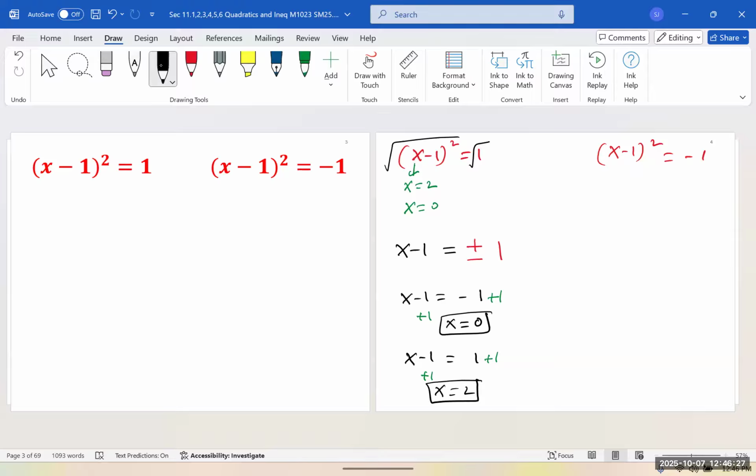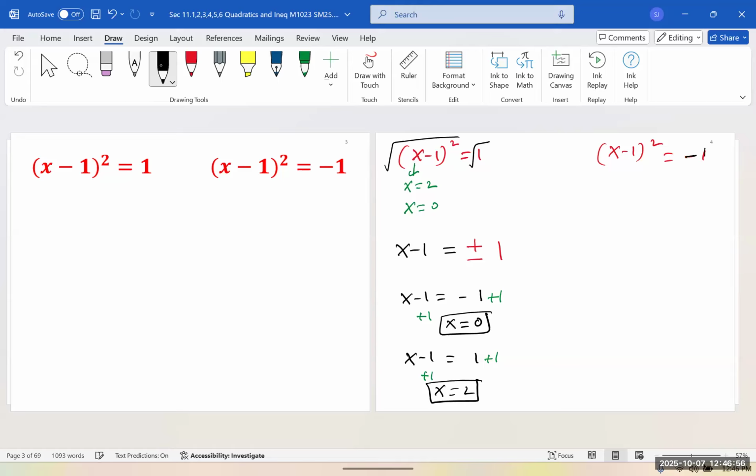We're supposed to have 2 answers because we already know that from before, and now we do have 2 answers. So if you forget your plus minus symbol, you're going to have only one number, which is 2. And your math is not wrong, but it's incomplete, so you're not going to get points. Okay? Any questions so far?